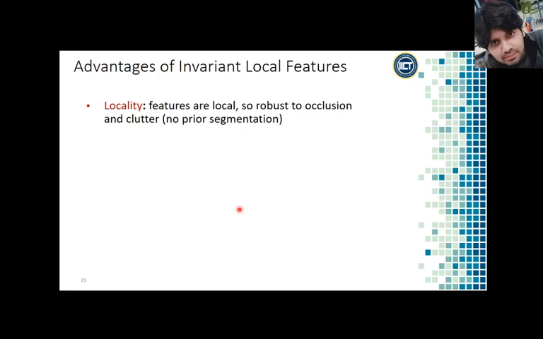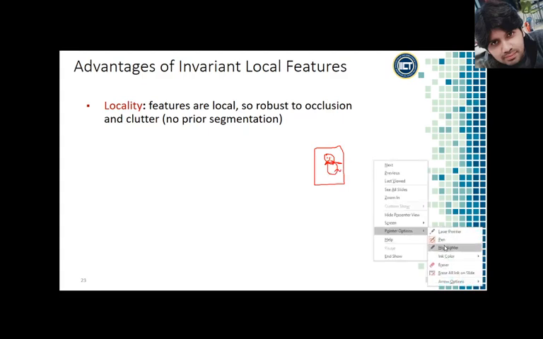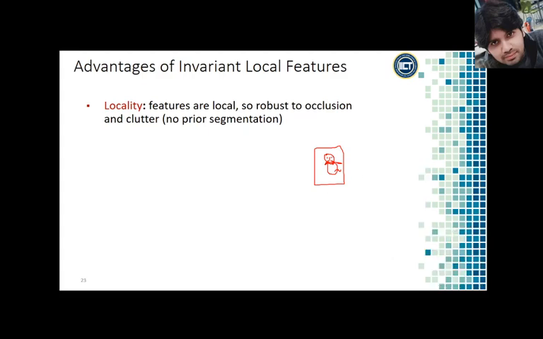Occlusion is like this, let me draw. If we have a certain image, and as the video goes forward, an object crosses it and blocks the view of this part.